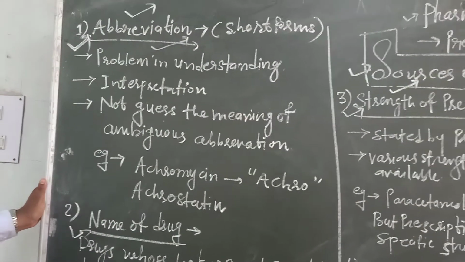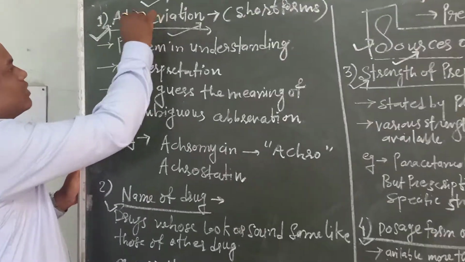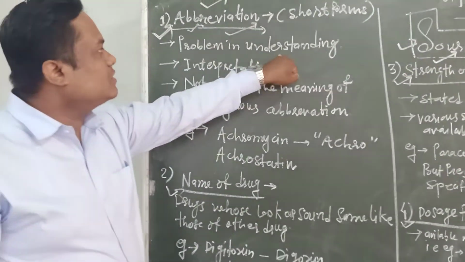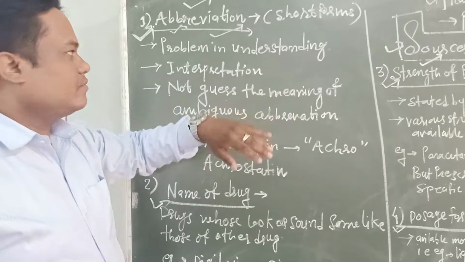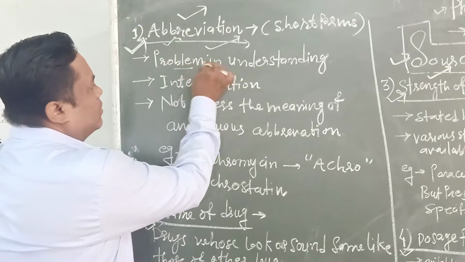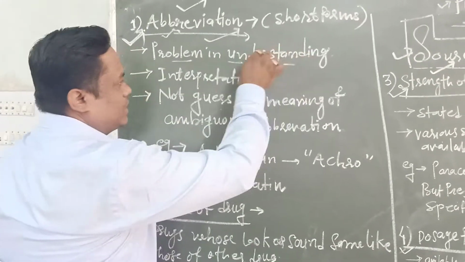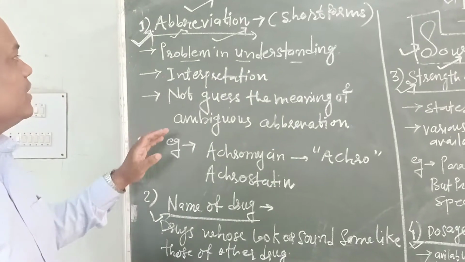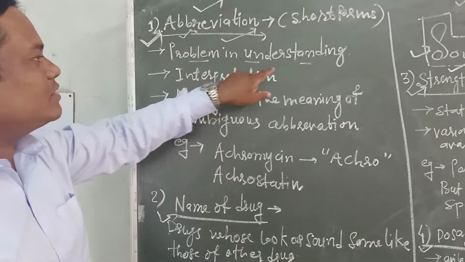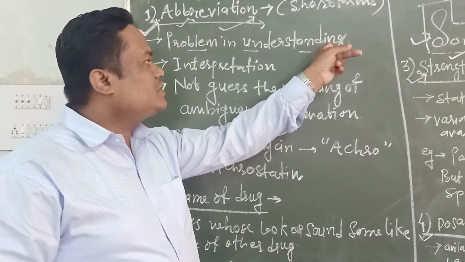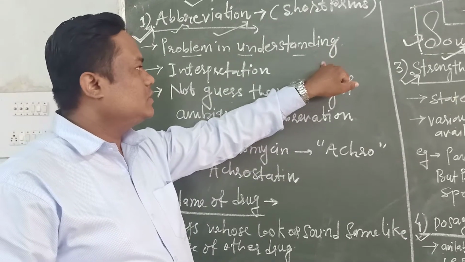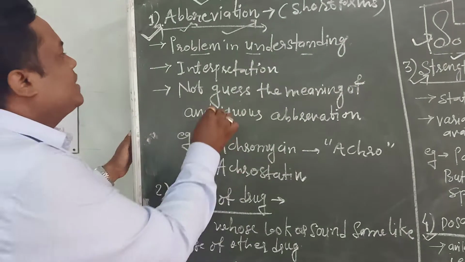Then what errors occur in the abbreviation? The first is problem in understanding the prescription order. If it is not written properly, then it is problematic to understand the specific prescription which is written by the prescriber. Then second is interpretation.